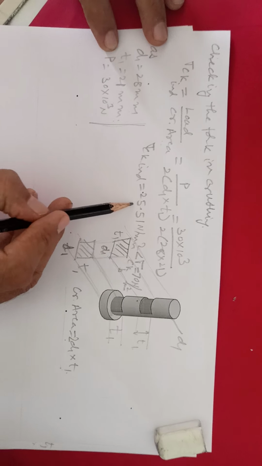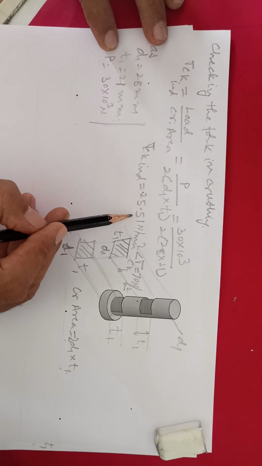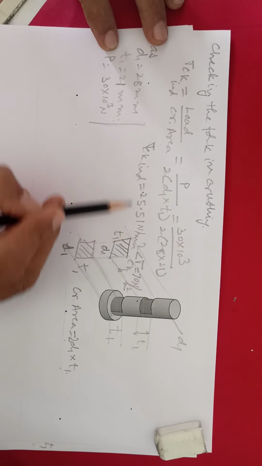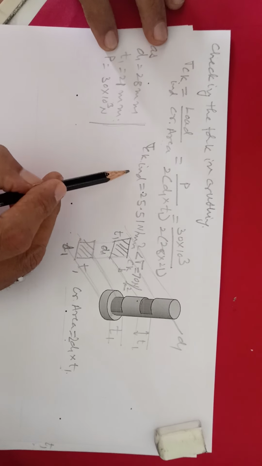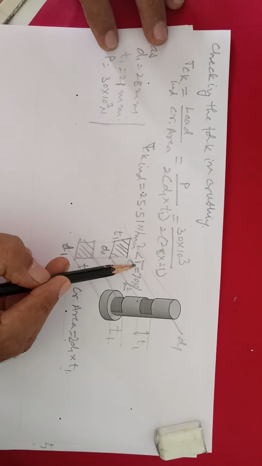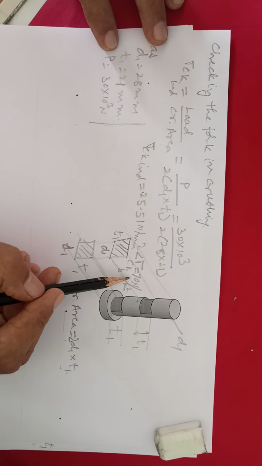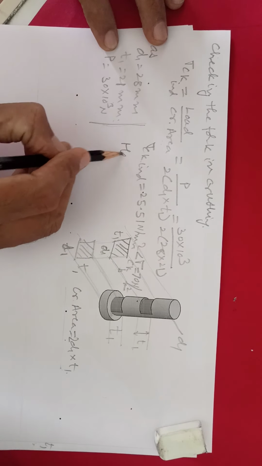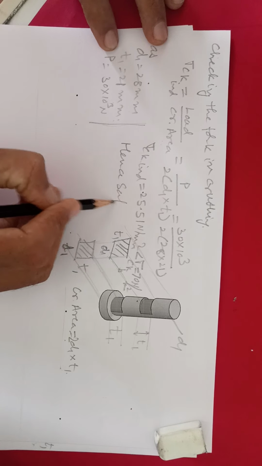That comes out to be 25.51 newton per mm square. The crushing induced stress is less than the sigma crushing permissible, 70. Hence safe.